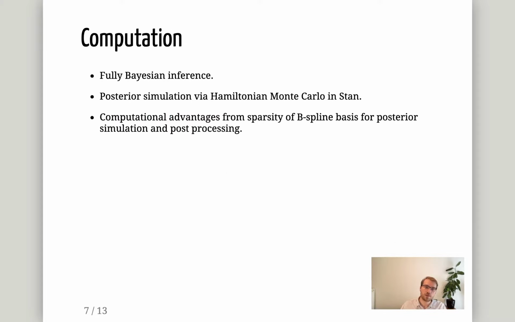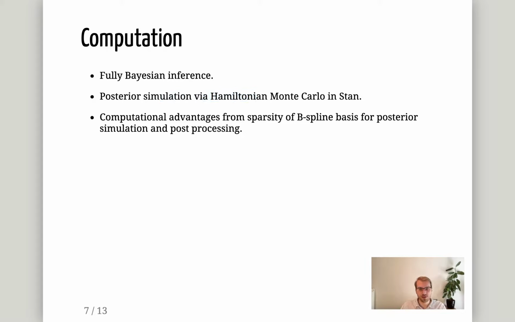And this can be done in the modeling language I use, which is the popular language Stan, and I use posterior simulation via Hamiltonian Monte Carlo in a fully Bayesian framework. So we then simply have to sample a monotonic vector for the log-cumulative baseline hazard.